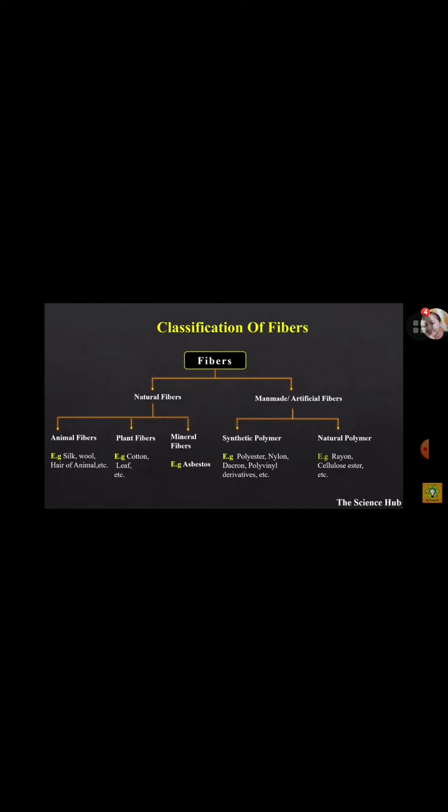Then artificial fiber is classified into two, that is synthetic polymer and natural polymer. Synthetic polymer includes polyester, nylon, dacron, polyvinyl derivatives, etc. Then natural polymers include rayon, cellulose ester, etc.